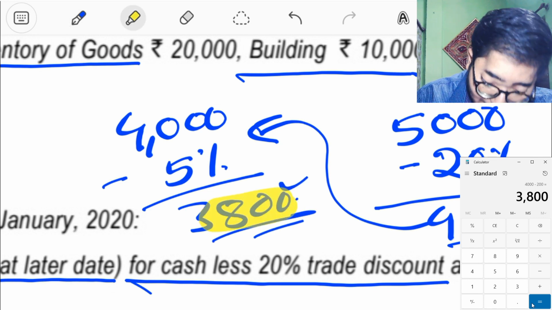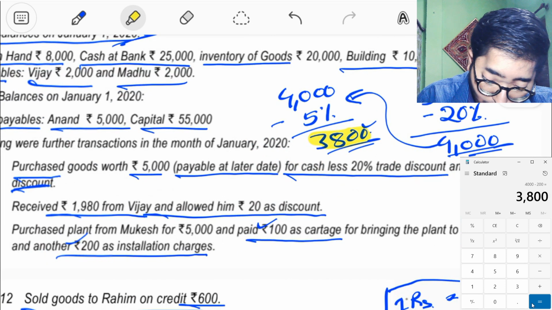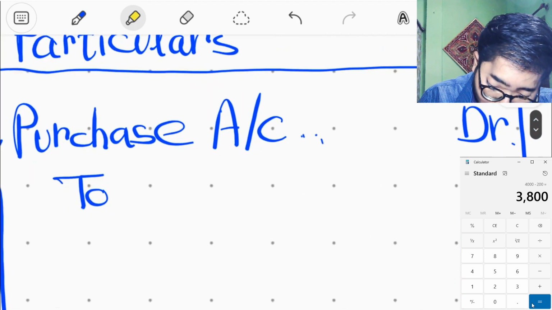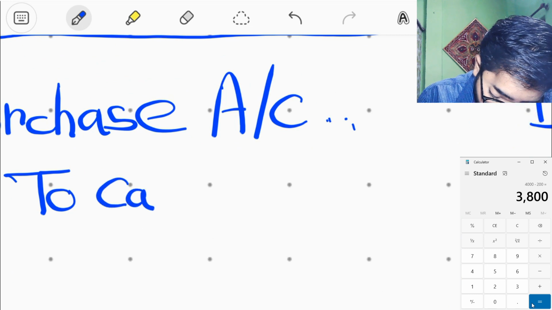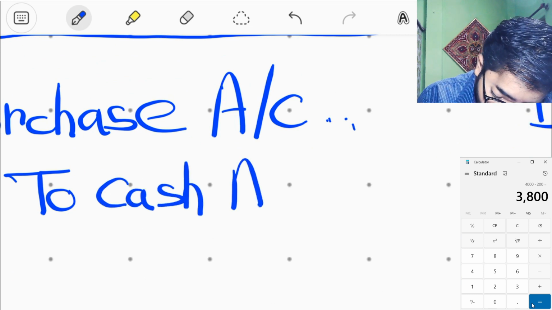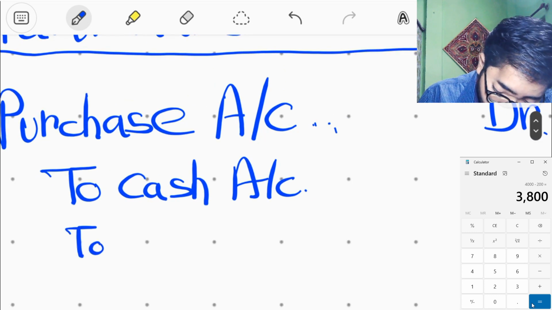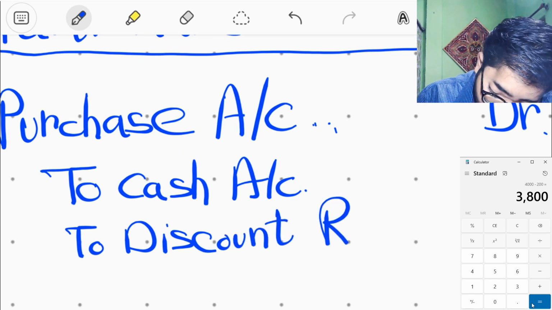And this 3,800 is the final payment. This 3,800 would be finally paid, and that is why the journal entry is: purchase account debit to cash account, to discount received account.